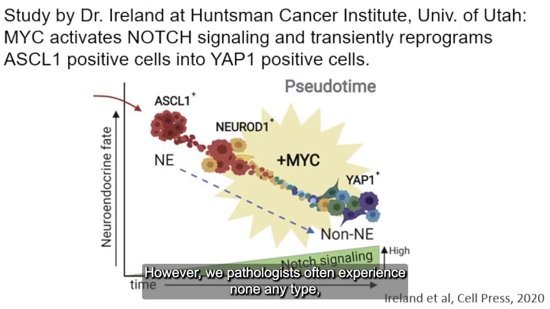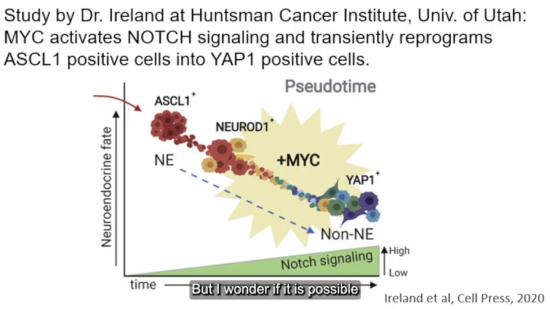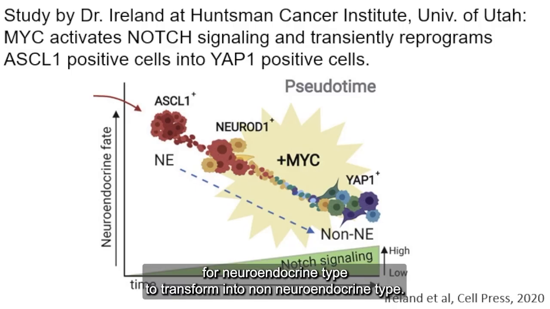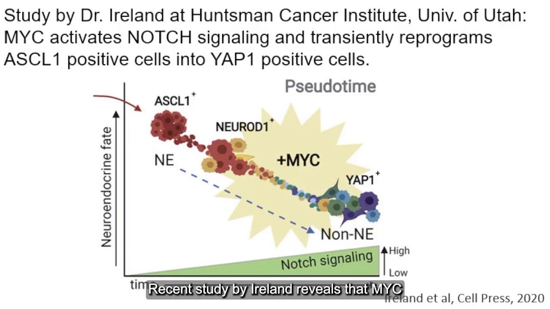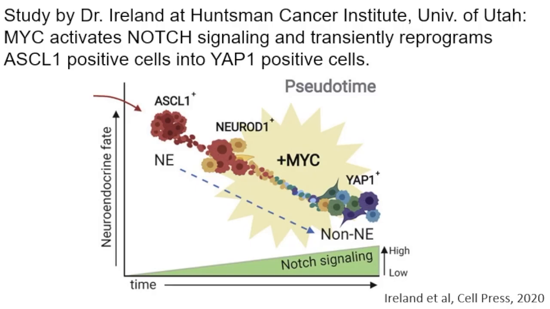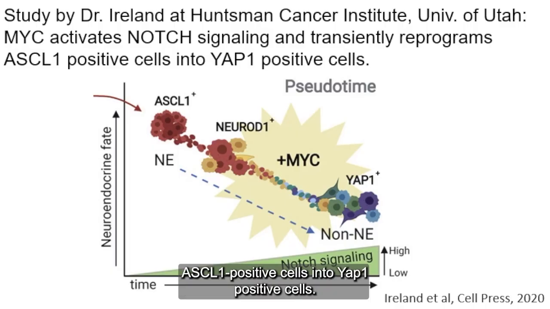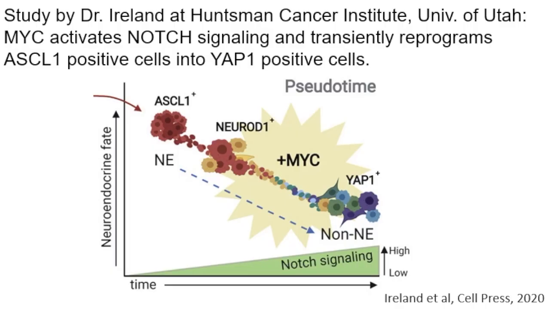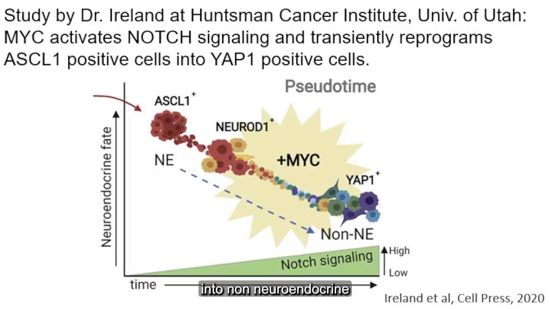However, we pathologists often experience non-neuroendocrine type cancers turning into neuroendocrine type, but I wonder if it is possible for neuroendocrine type to transform into non-neuroendocrine type. A recent study by Ireland revealed that MYC activates Notch signaling and transiently reprograms ASCL1 positive cells into YAP1 positive cells. So, neuroendocrine type cells can be transiently reprogrammed into non-neuroendocrine type cells.